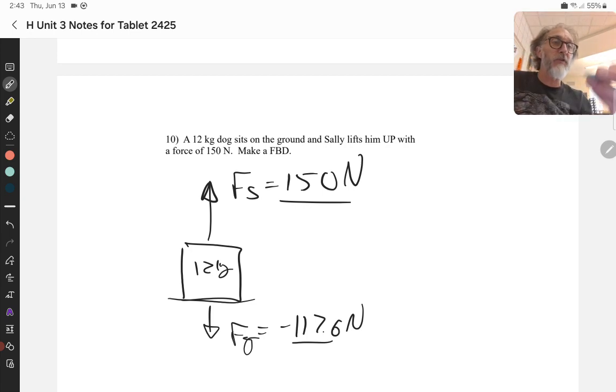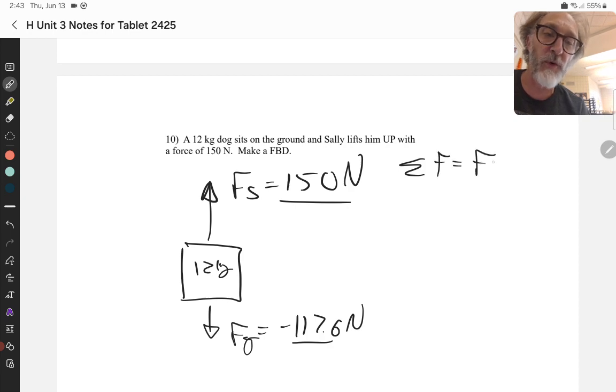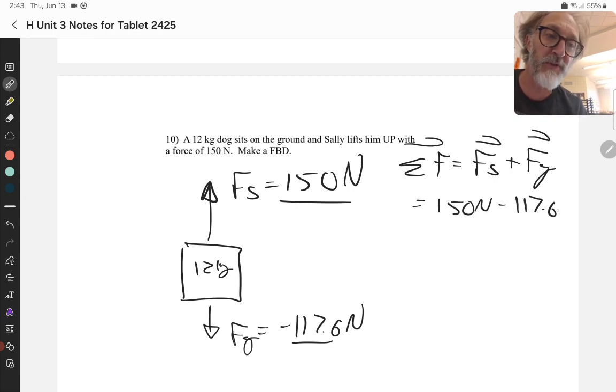So it looks like the dog's going to move, and he's actually not going to be on a surface anymore, right? Which means now my net force is the force of Sally plus the force of gravity, which is 150 newtons up minus 117.6 newtons down, which gives, what is that, 32.4 newtons, I think?